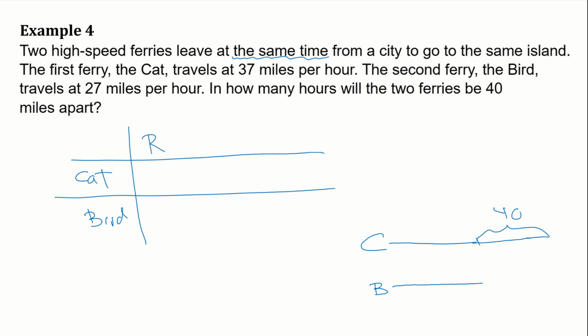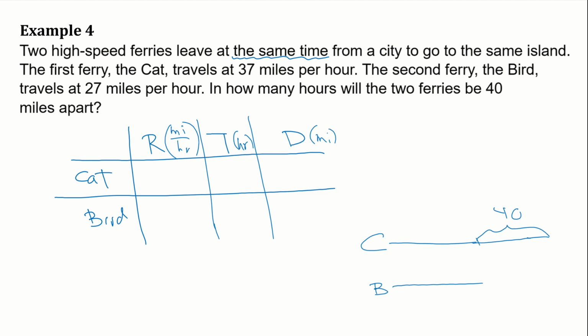We're going to have rate, time, distance. All right, so what do we know? Let's put the units in our headers so that we don't have to keep putting them in every box. So this is miles per hour. The time will obviously be in hours and the distance will be in miles, okay?